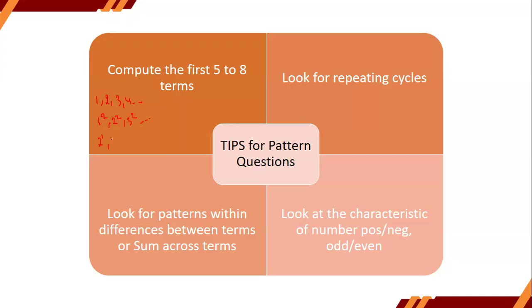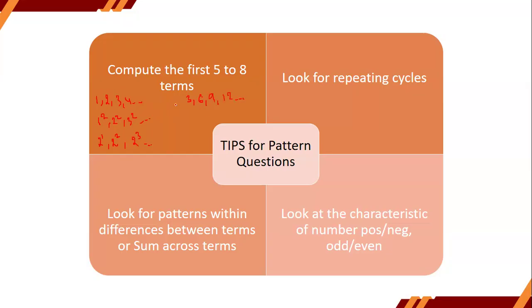or the exponents of a number. So 2 to the power 1, 2 square, right? And then 2 cube, and so on, right? Or maybe the multiples of any number. So multiples of 3: 3, then 6, then 9, 12, and so on, right?